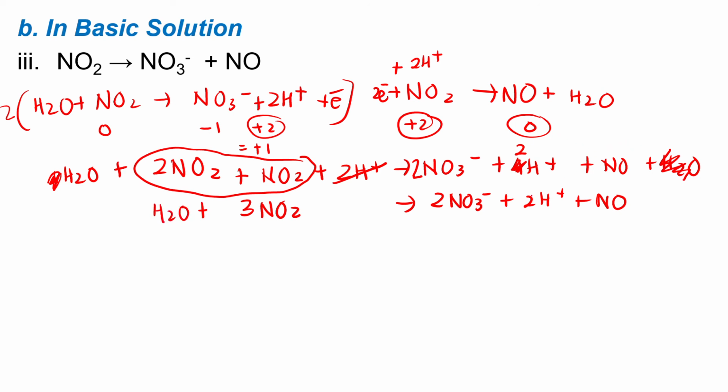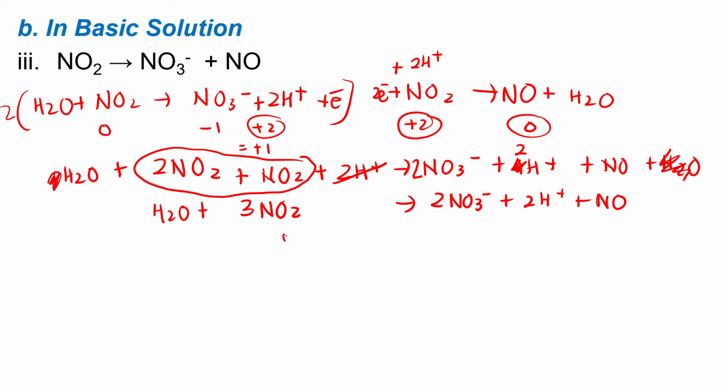Okay, so double check for element and charge before we add OH minus. So here we have 3N, 2 plus 1, 3. So 6 plus 1, 7O. 6 plus 1, 7O. H2, so H2.